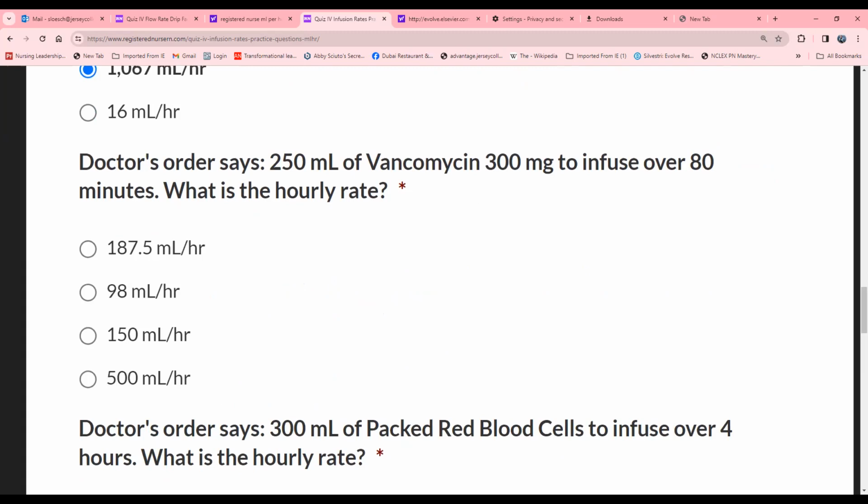This is where people make the biggest mistake. What do you think it is? They use the milligrams, which is a strength. You can't use that, because that's the strength of what's in that milliliter. So you have to make sure you use the mLs here.